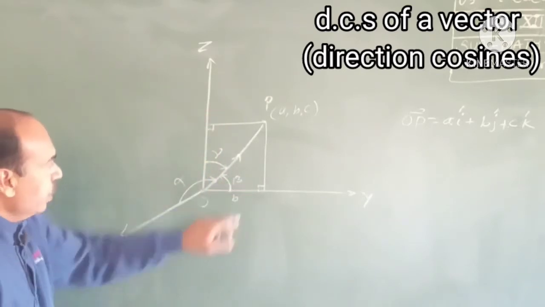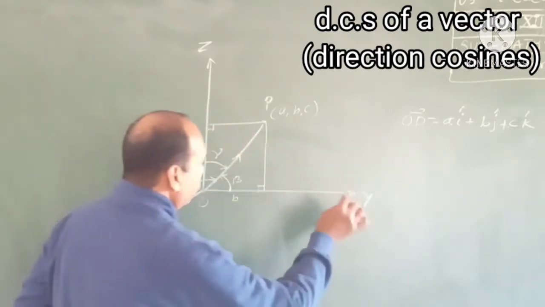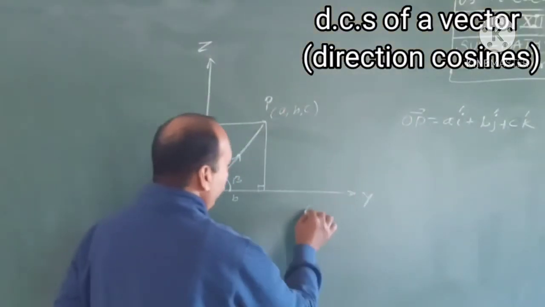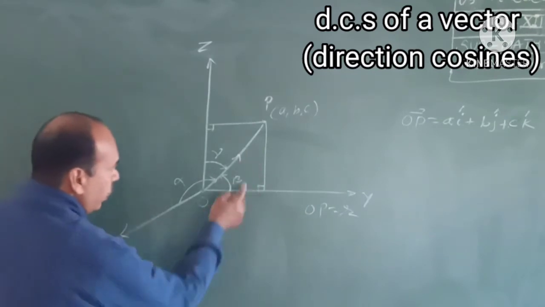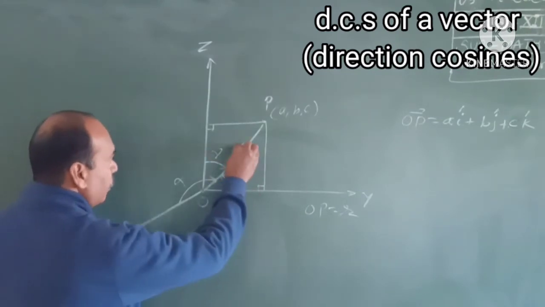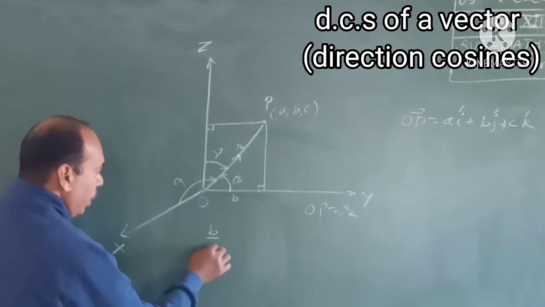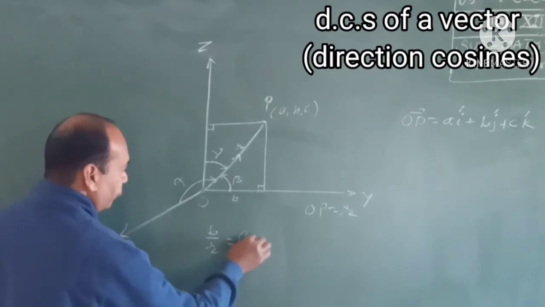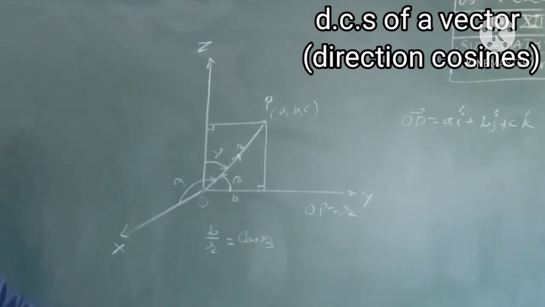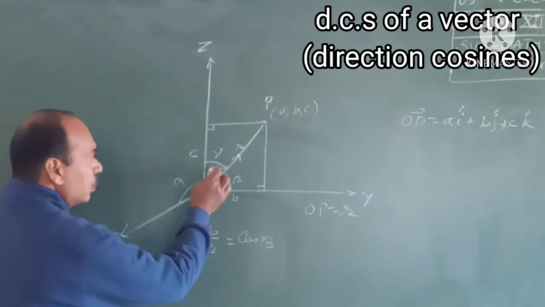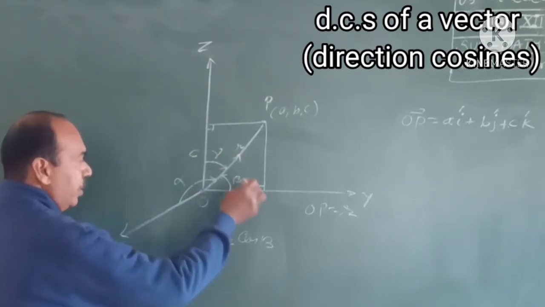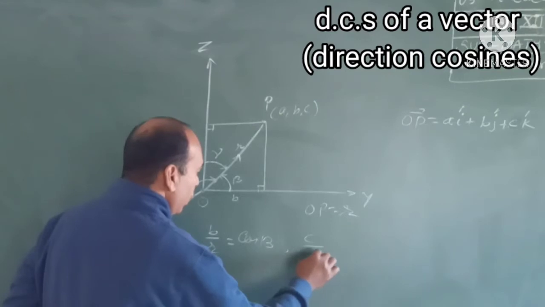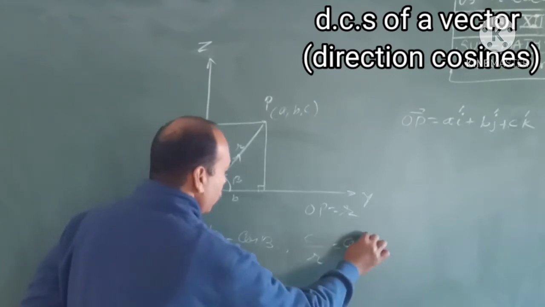So focus on this triangle, and suppose OP is R units. Then in this triangle, base upon hypotenuse, B by R is cos beta. Same as this height is C units, and this angle is gamma, so C upon R is cos gamma.